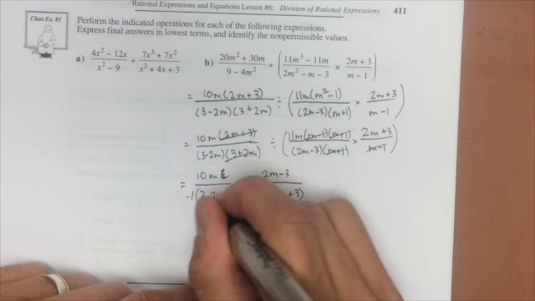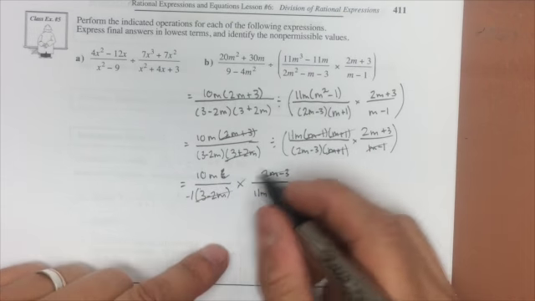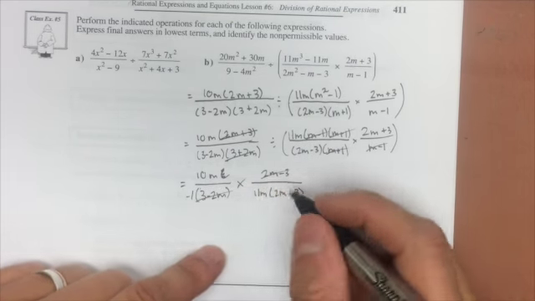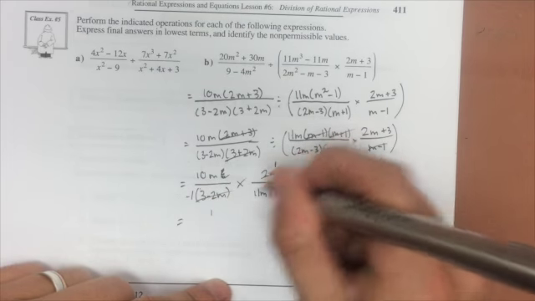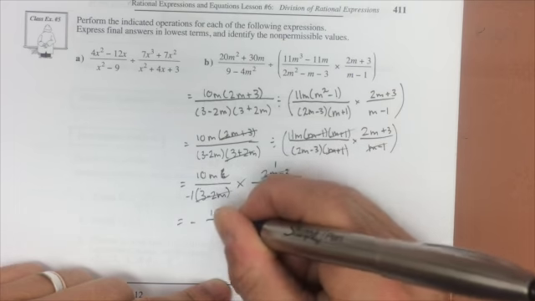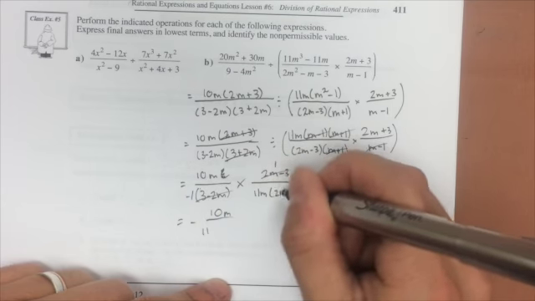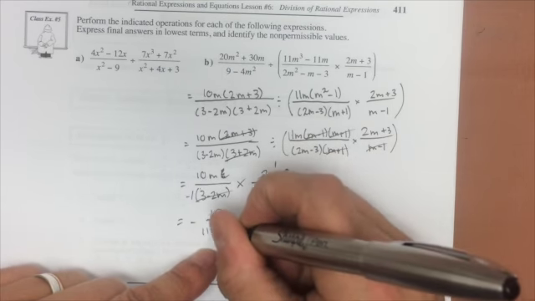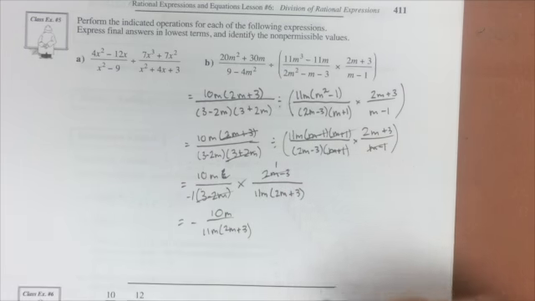So I can do that, leaving that -1 behind, which would make this whole thing -1. And then I can just multiply across, since that is 1. That will be left with 10m, and this is negative, so -10m, divided by 11m, 2m plus 3.